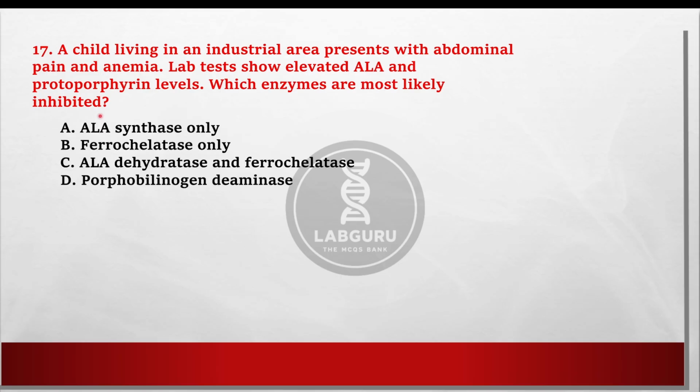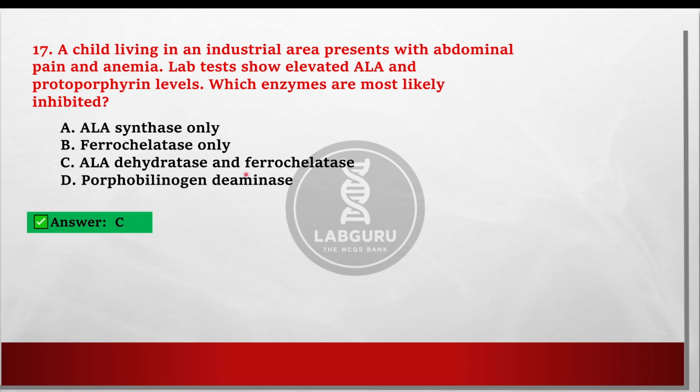So they have provided us the options: option A, ALA synthase only, option B, ferrochelatase only, option C, ALA dehydratase and ferrochelatase, and option D, porphobilinogen deaminase. So here the right answer is option C, that is ALA dehydratase and ferrochelatase.